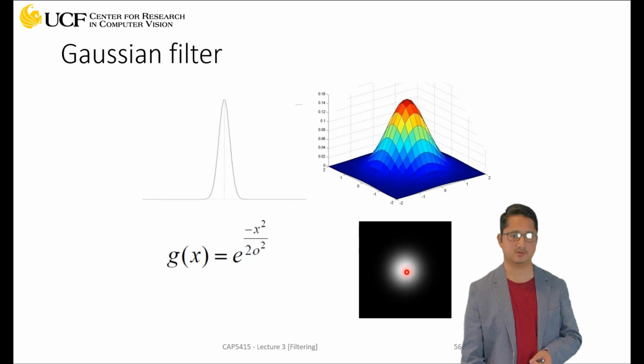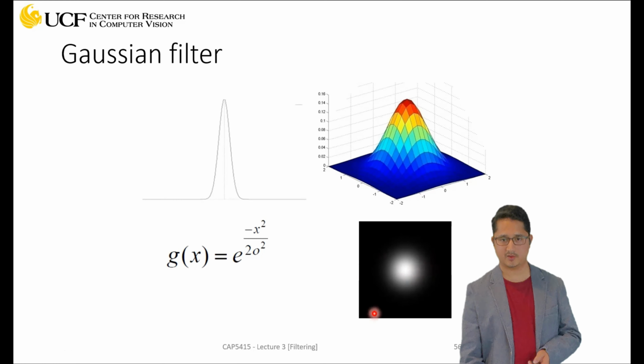So that's the center of this Gaussian. And as we move towards the outer boundary, the value is actually reducing. And you will see why this representation is useful. We can create a two-dimensional kernel using this kind of visualization, where the center value in the Gaussian kernel will be very high, and the values which are far away from the center will be very low.